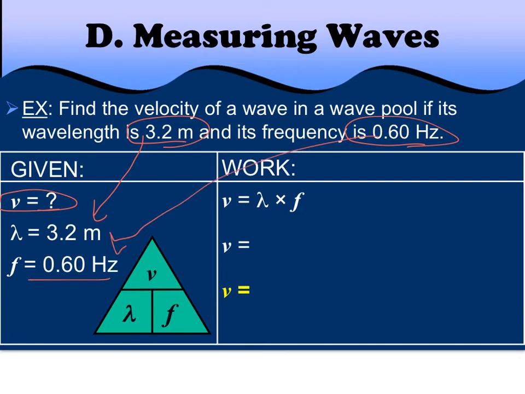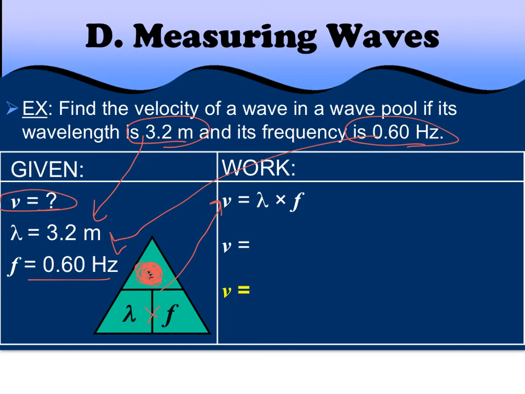And so here's the triangle of physics. We have velocity on top and the wavelength and the frequency on the bottom. What we're looking for is velocity, so we're going to cover that one up. We know that we need to take wavelength times frequency, because these are both on the bottom. You can see that written out under the work. So what do we do then?